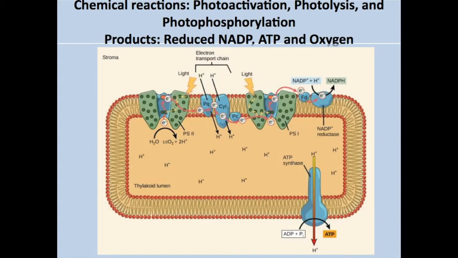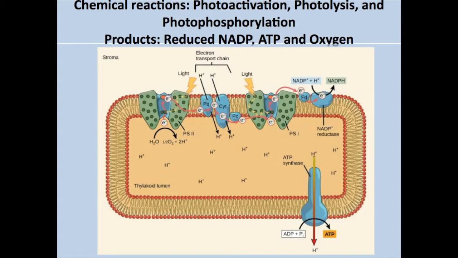Where is photolysis? Because they're activated, what are we splitting here? Water. Why is it called photolysis? Because when light strikes photosystem 2, remember this lost electron? This now has a great oxidizing ability.